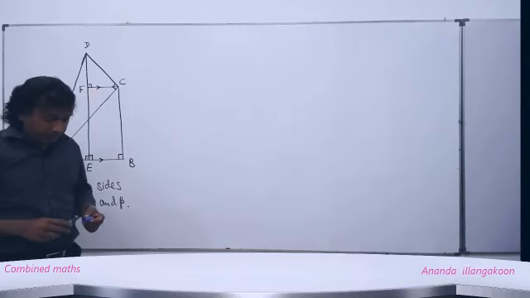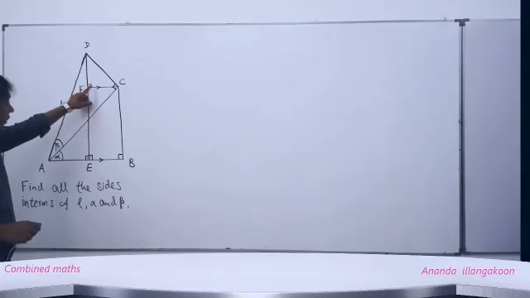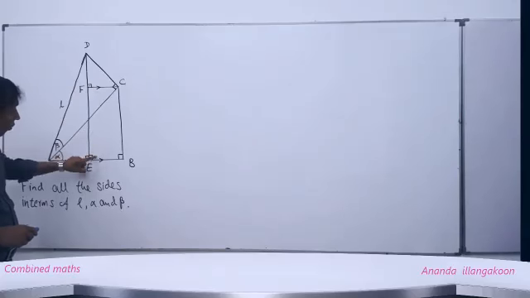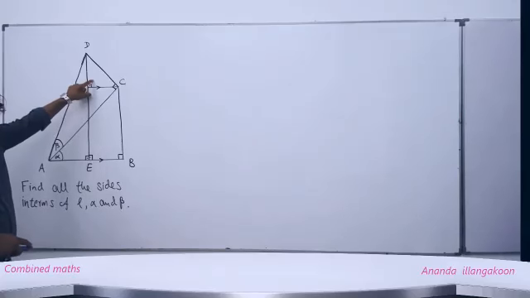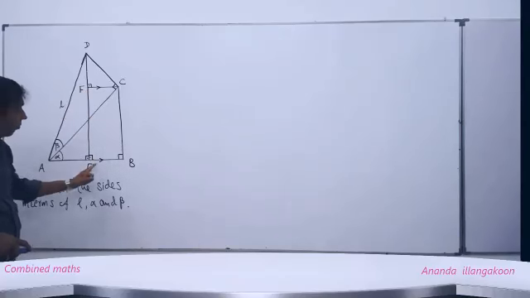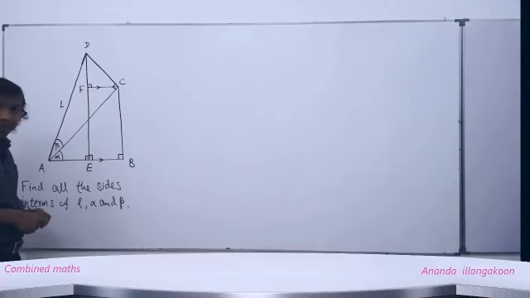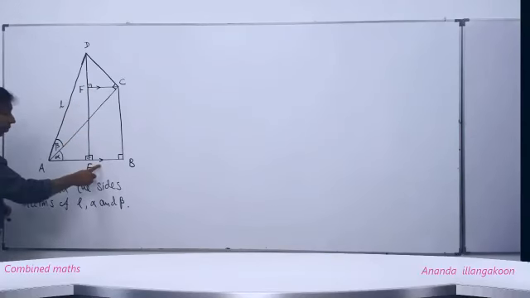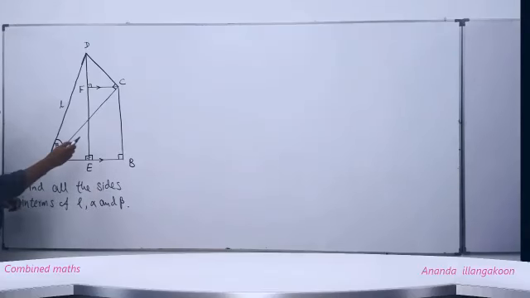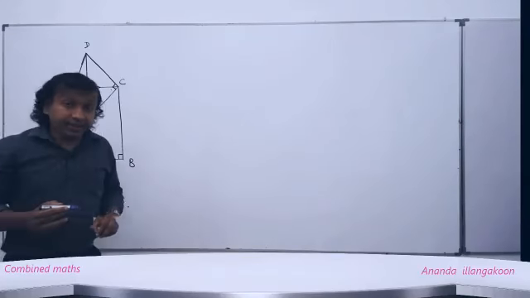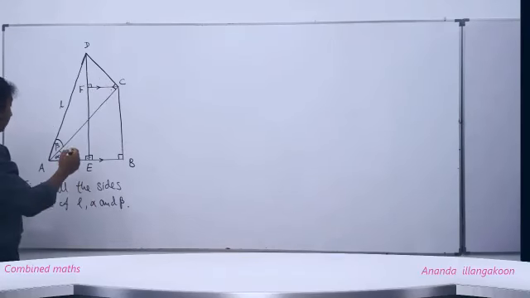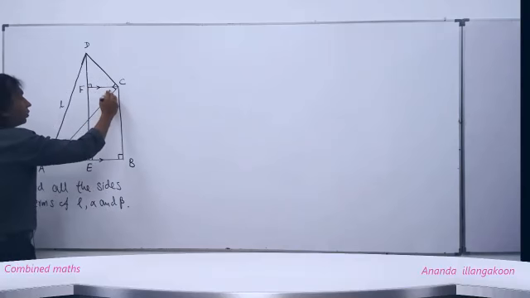Right, children? These two angles are equal. They are corresponding angles. When corresponding angles are equal, these lines become parallel. This line and this line become parallel. If this line and this line are parallel, people, this angle is equal to this angle. Why? Alternate angles. So if this is alpha, this is also alpha.